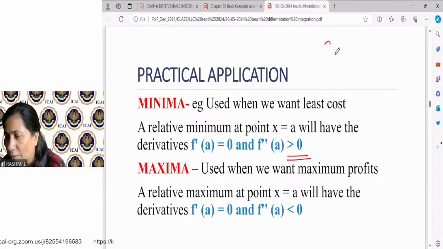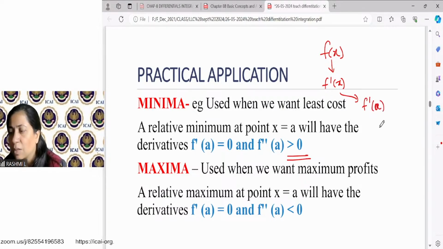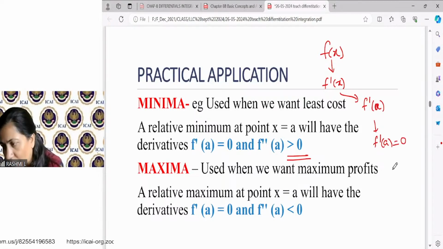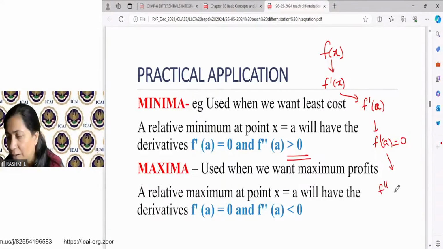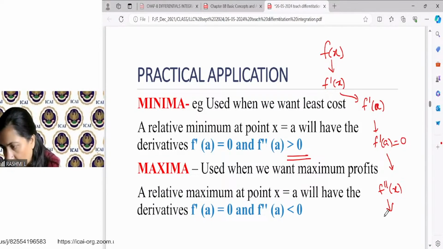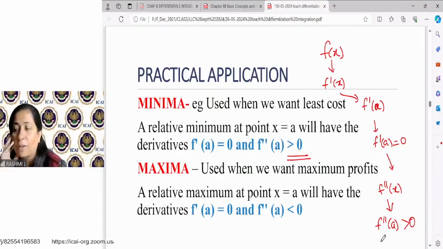So you have a function. Okay, find its derivative. Then what is the third step? Find the value of the derivative at the point. If that is equal to 0, proceed further, find the double derivative, and find the value of the double derivative at point A. If it is greater than 0, you have a minima.